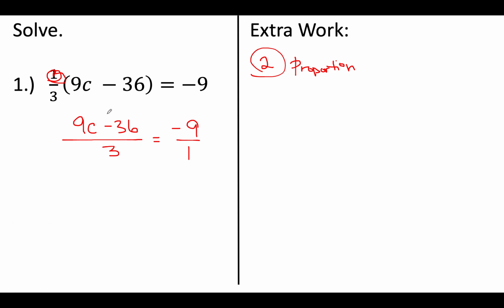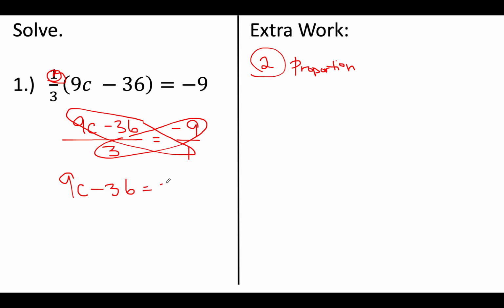From here, again, it's this times this. So 9c minus 36 is equal to this times this, which is going to be 3 times negative 9. 3 times negative 9 is going to be a negative 27.